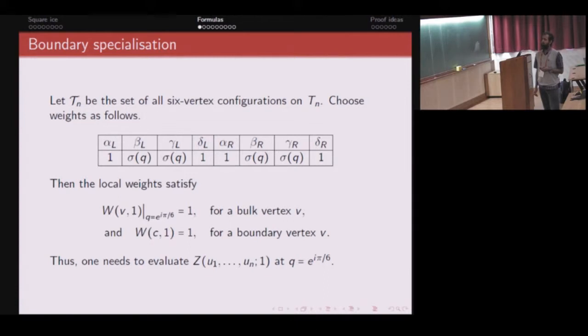You can also think of this as a combinatorial problem: you want to count how many such six-vertex configurations there are on this kind of subset of the square lattice. Then you need to choose the parameters in some way, and you need to choose this parameter q, which pervades everything.